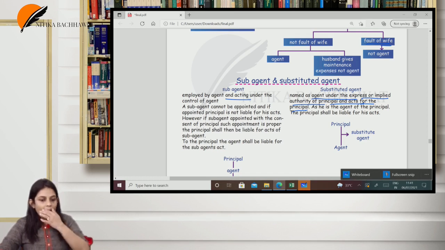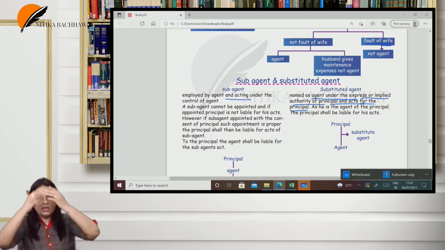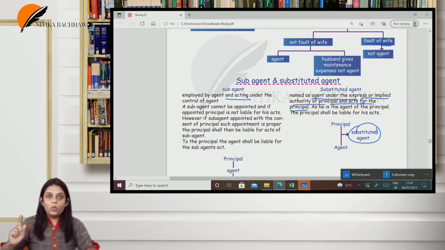So let us say I have you as an agent and I tell you that for this particular job, let us hire some other person to do the work. So he is not appointed under your control, he is appointed under my control. He is a substituted agent. For the substituted agent, I am only responsible, I am only liable. But for the sub-agent, you are liable, not me. You cannot appoint a sub-agent because I have delegated the work to you.